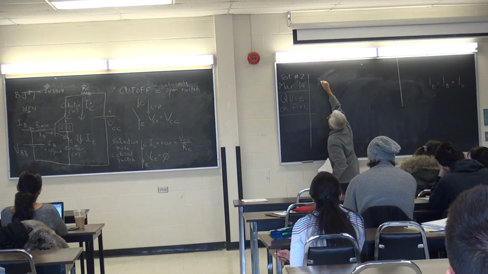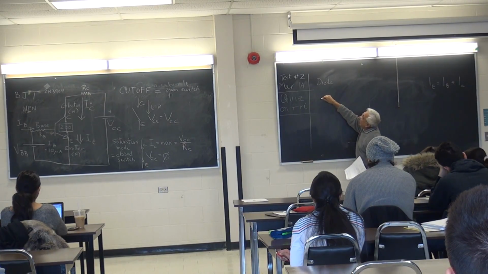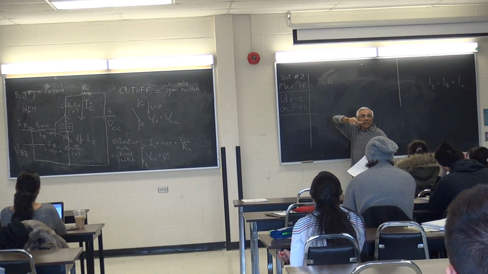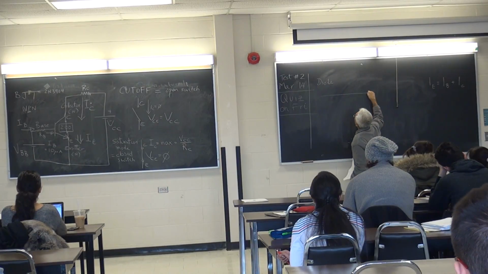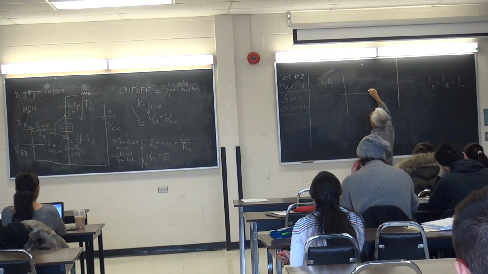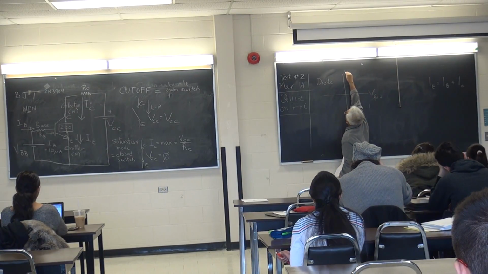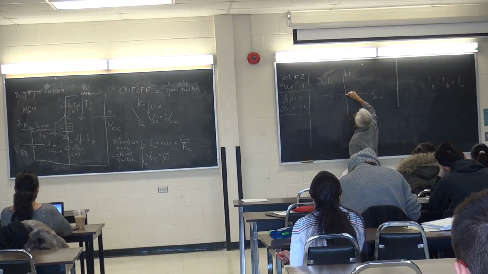With a diode, we said that a characteristic curve explains to us how a diode behaves. And that is with a graph that I draw like this, where this is V forward, I forward in the case of a diode.